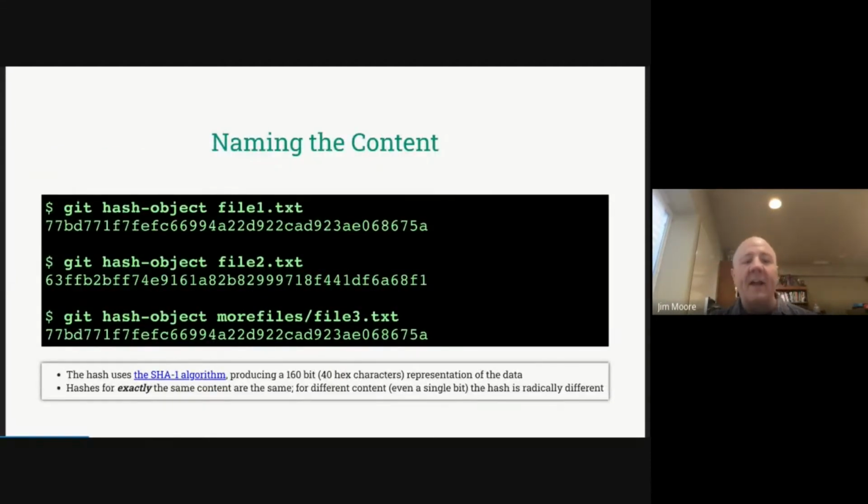In the particular case of Git, it's using the SHA-1 algorithm, which is 160 bits. So if you do, in this particular case, git hash-object file1.txt, there is what that hashes out to. If you run this on your computer, you will notice that it will come to exactly that value.